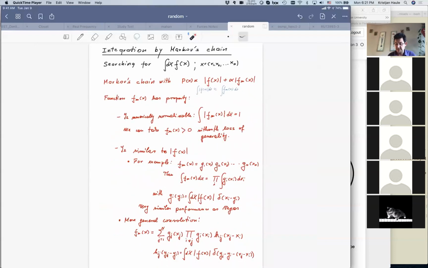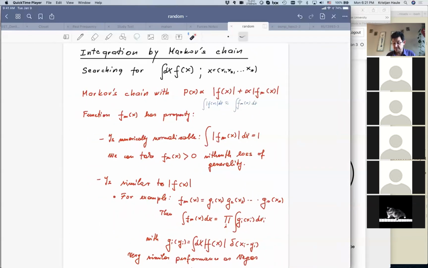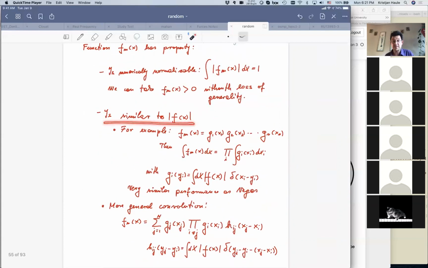So to summarize, the idea here of integration by Markov chain, in some sense, is similar to Vegas algorithm, except that we are moving with Markov chain with this probability of absolute value of f of x times adding to it some small part of some design function or fake function, which has the property that we can numerically normalize it, and it's sufficiently similar to absolute value of function f of x, but it's still integrable.